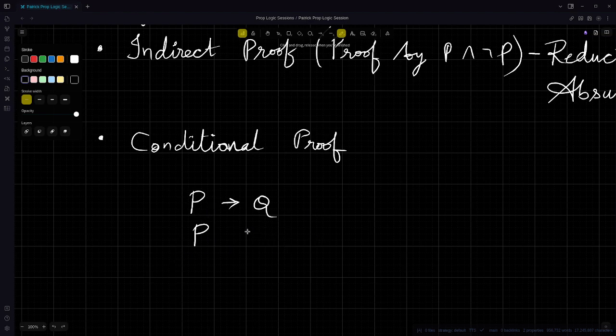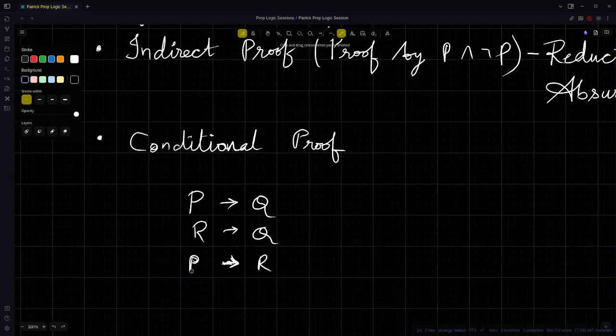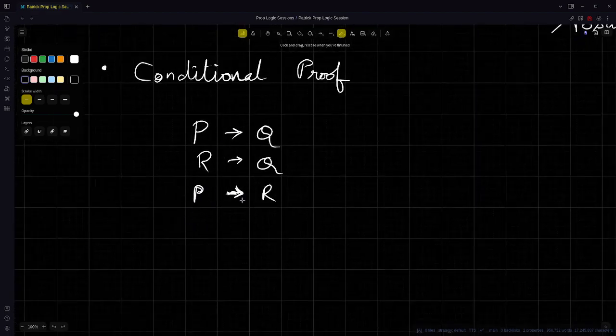Let me show you a proof anyway. So let's say I have these premises and I want to prove the conclusion.